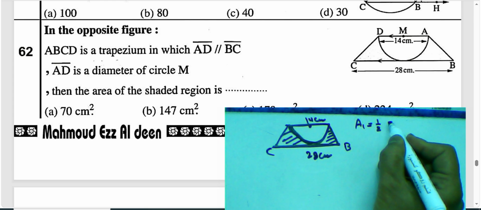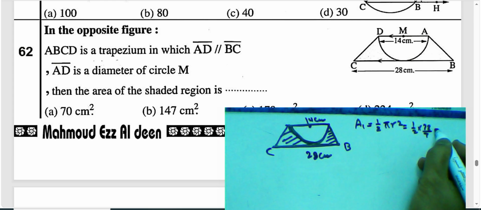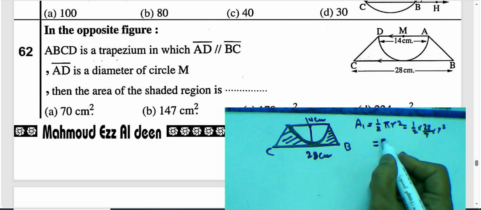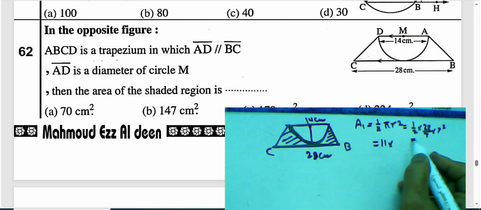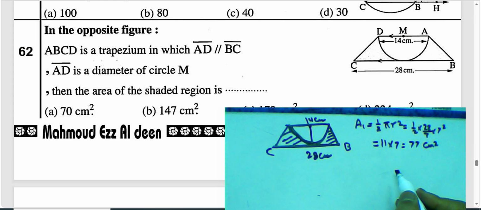It will be half times pi times r squared. Half times 22 over 7 times radius squared. The radius will be 7. 7 squared. Then you can simplify: half of 22 is 11, and 7 times 7 divided by 7 equals 7. Then the result will be 77 square centimeters.